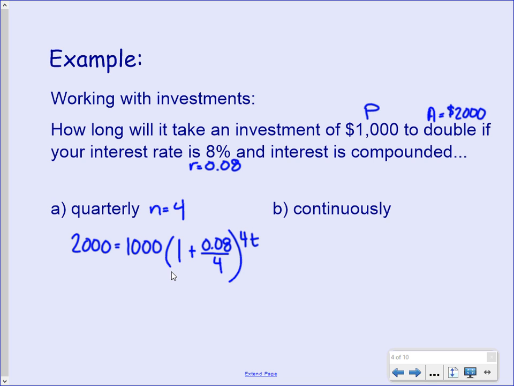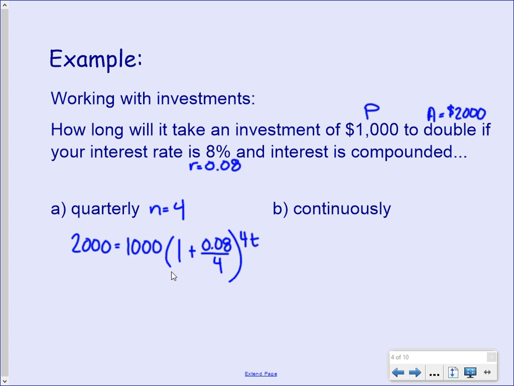Your job is to solve for t so that you can answer the question of how long it will take, how many years it will be. So what will you do to solve that equation? Work that out with your small groups. See if you can solve that equation with your small group. Talk about what steps you would take, how you would type that into your calculator.